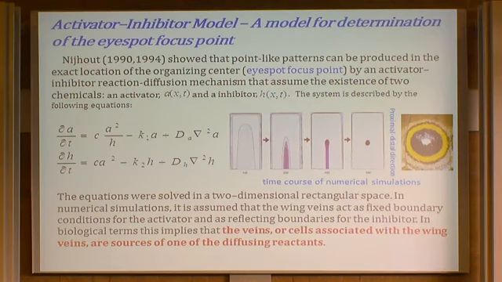There is some theoretical work, one of which is done by Fred Nijhout at Duke, and he used the activation inhibition model here, with an equation. Taking certain appropriate parameter values, you can solve it in a two-dimensional rectangular space.